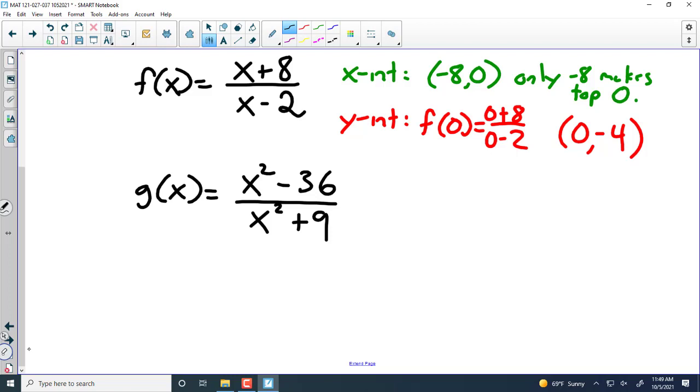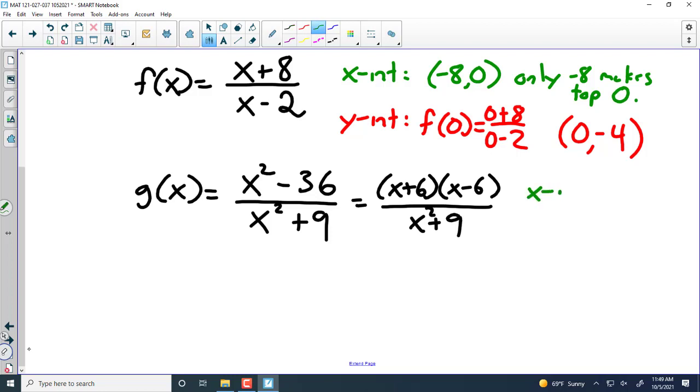There are two numbers that make the top equal to 0. Two numbers. What are they? 6 and negative 6. Good. Why? Because if you use difference of squares and factor that top, you get this. Which is why our x-intercepts for this one are 6, 0 and negative 6, 0.